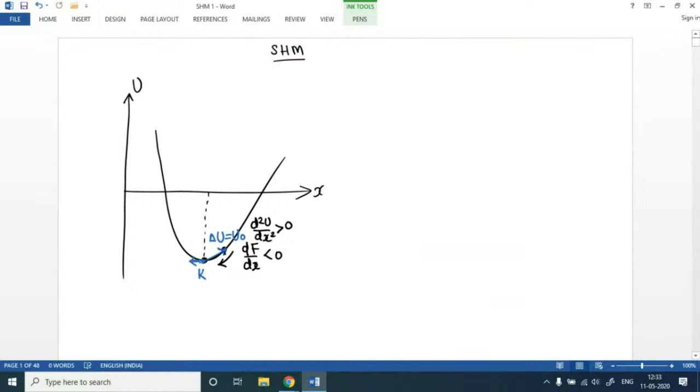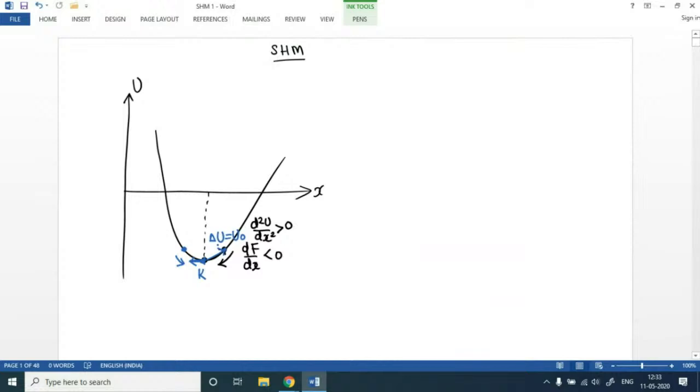Due to that kinetic energy, it will move to the other extreme, and again the kinetic energy will turn out to be equal to zero, but again a restoring force will try to bring it back, and so on. This motion will continue if there is no leakage of energy from the system. Potential energy will keep converting into kinetic energy, and kinetic energy will keep converting into potential energy, and this oscillation will keep on going about this stable equilibrium position, which would be known as the mean position in this case.